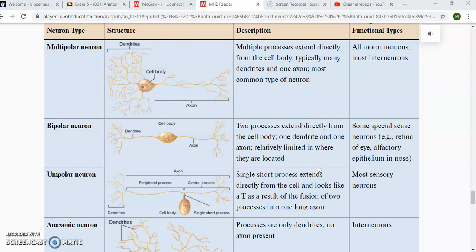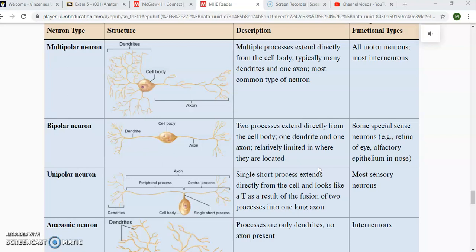If we think about our special senses, which we're starting to talk about soon in lab, so we think about the little neurons that are in the retina of our eye, the neurons that are located in the roof of our nasal cavity for our sense of smell.